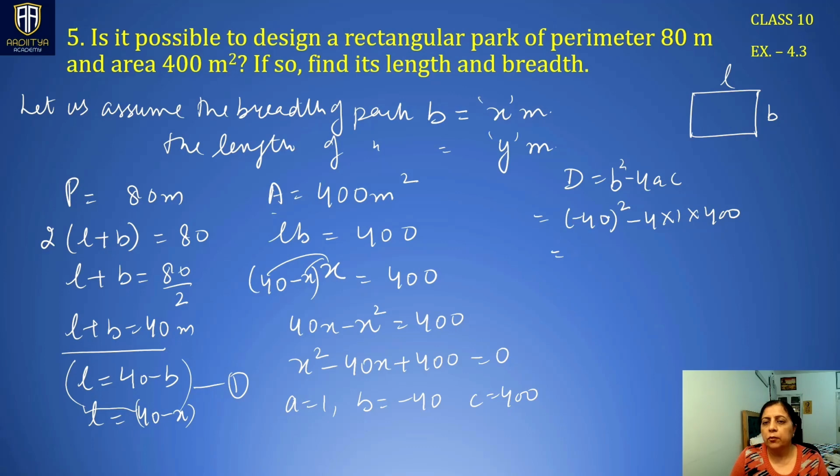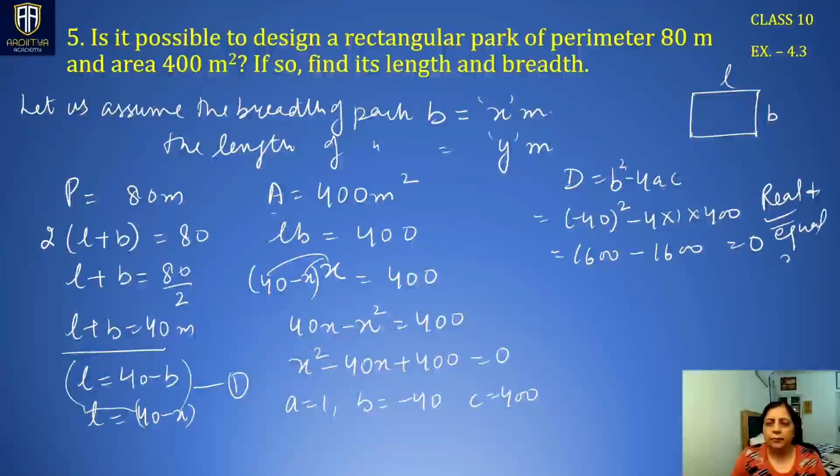So this becomes 40 square is 1600 minus 4 4s are 1600, which is 0. So in case of D is equal to 0, we can say that we have real and equal roots. Real and equal roots here denote that this will be a square park, as we will have length and breadth equal.